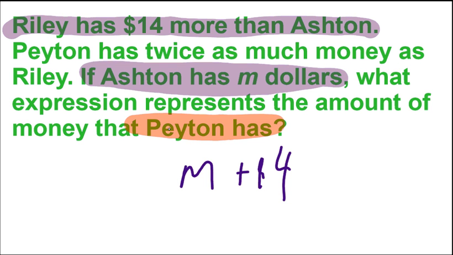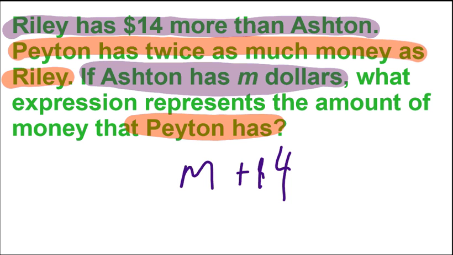The question, though, is asking about Peyton. Where we see Peyton is right here. It says Peyton has twice as much money as Riley. So how do we show twice as much? Times 2. Now here's where this is tricky. What am I multiplying by 2? M plus 14.